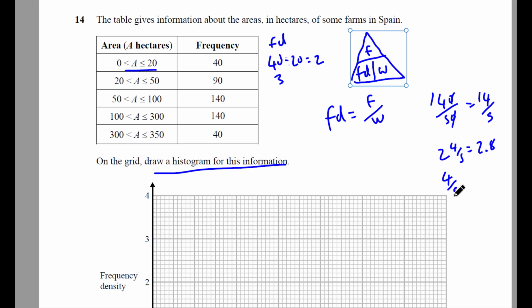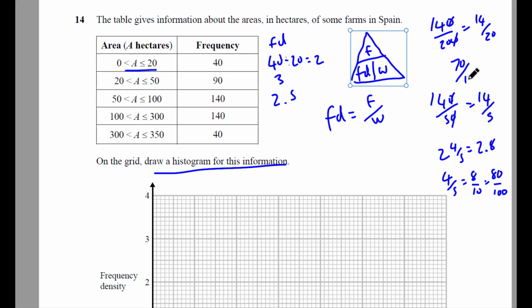If you're not sure, because 4 over 5 equals 8 over 10 equals 80 over 100, that should make more sense. That's 2.8. That's 140 over 200. So let's write that here. That's 14 over 20, because we can cancel out those zeros.